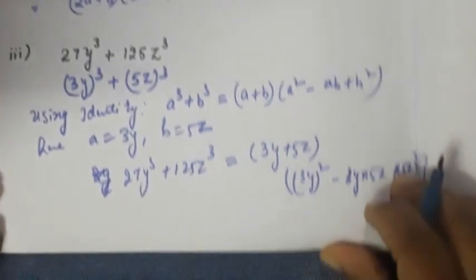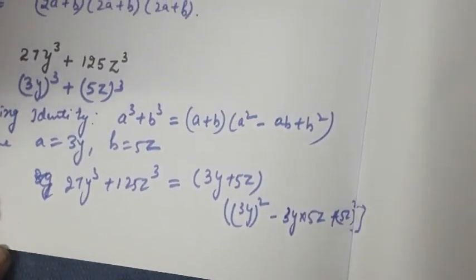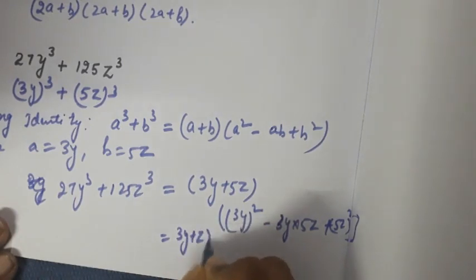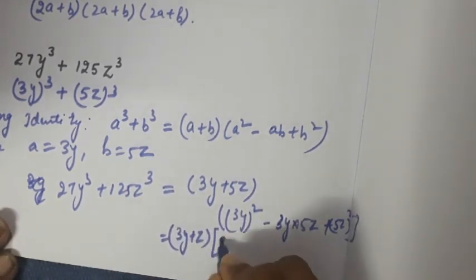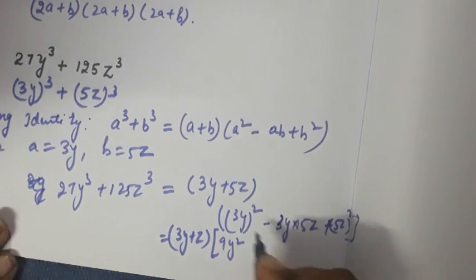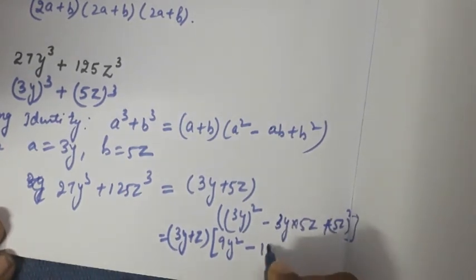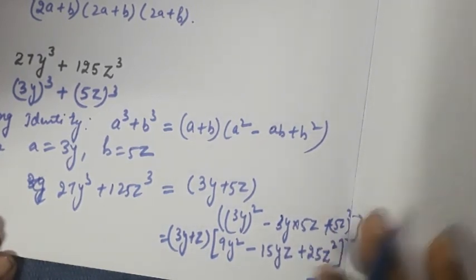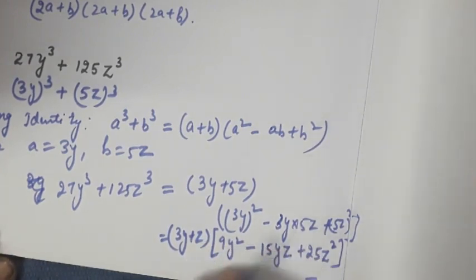You just simplify it and you could get the answer. See, you can write here 9y square minus 3 5s are 15yz plus 25z square. These are the expected factorization.